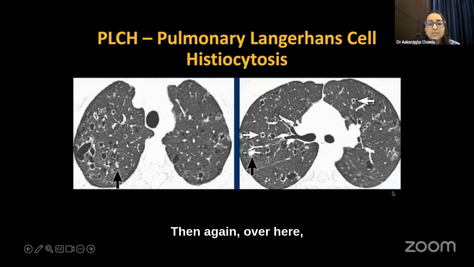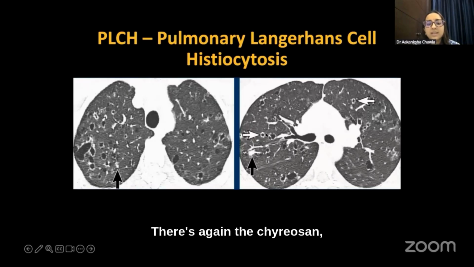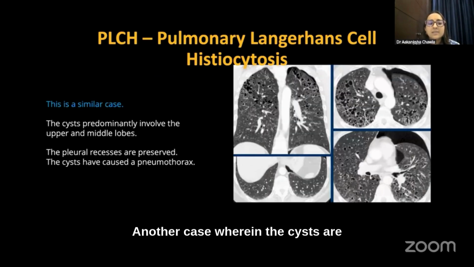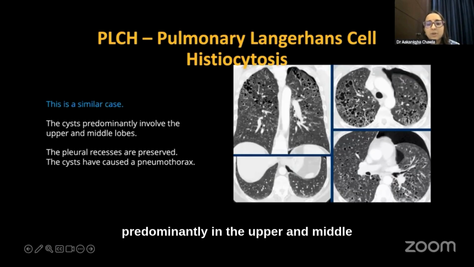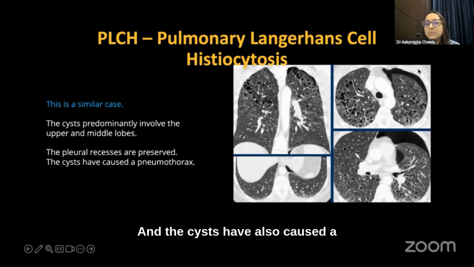Then again, over here, there are bizarre looking cysts, there are nodules. There's again the Cheerio sign, the nodule is cavitating. Another case wherein the cysts are predominantly in the upper and middle zones. Pleural recesses are preserved, and the cysts have also caused a pneumothorax.